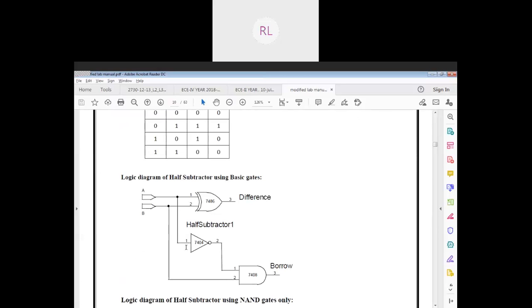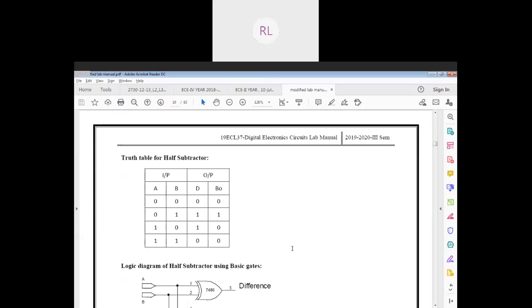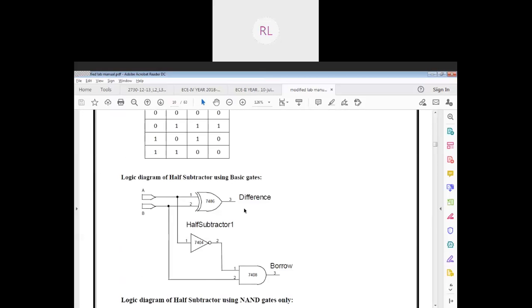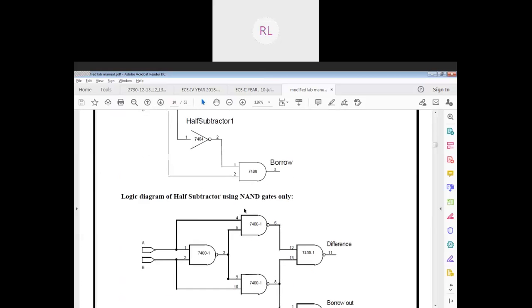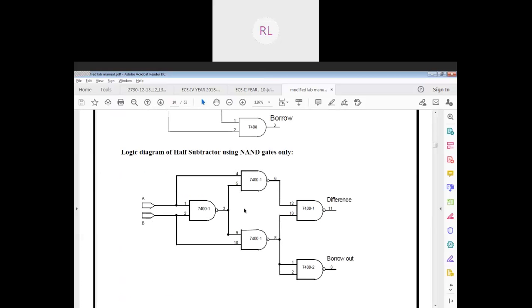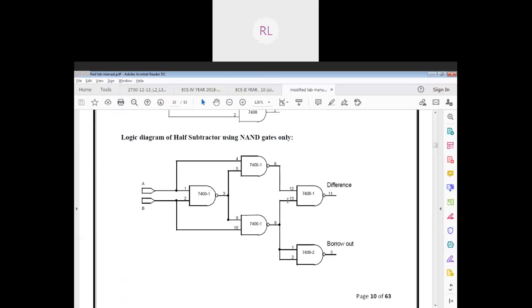Right. So how do we get it? 0 minus 0, 0. Then 0 minus 1: the difference is going to be 1, and the borrow is also going to be 1 because it has a minus, right? Then 1 minus 0, I get 1, and the borrow is 0. I'm not borrowing anything here.